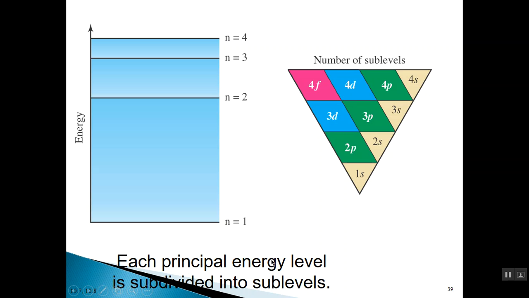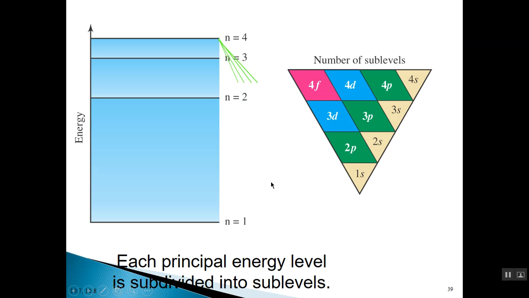Based on the Schrödinger calculation, for the n equals 1 level, there's what is known as the 1s sublevel. Within the n equals 2 energy level, there are two sublevels, 2s and 2p. Within the n equals 3 energy level, there are three sublevels, 3s, 3p, 3d.